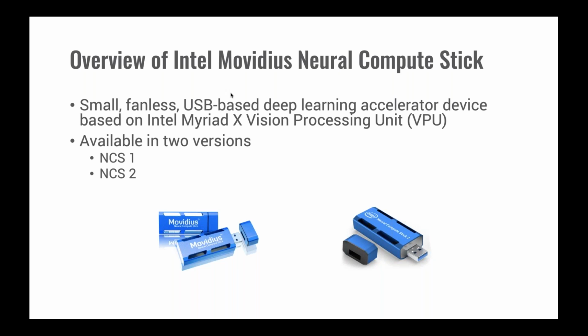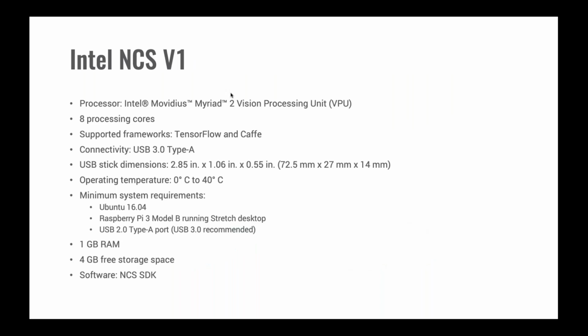So what exactly is Intel NCS V1? Well, it is a USB stick-like device powered by the Intel Myriad 2 Vision Processing Unit. It basically optimizes models trained in TensorFlow and Caffe for inference.